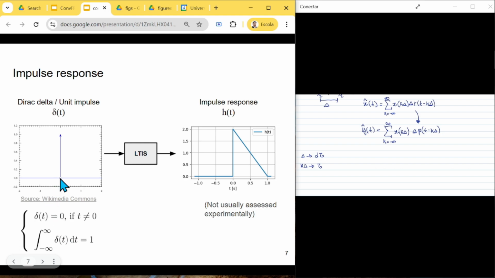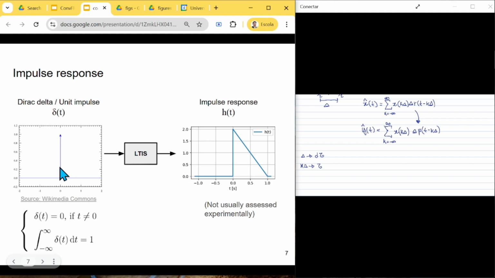The only way to make this possible is that the signal tends to infinity here. So we put this arrow when it is a unit impulse, when the area sums up to 1, at amplitude 1, but we can have an impulse with magnitude 2, for instance, then we would put an arrow at amplitude 2.